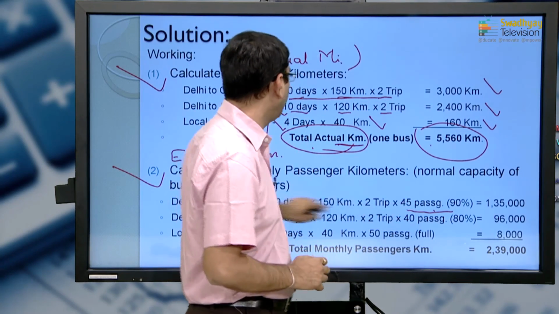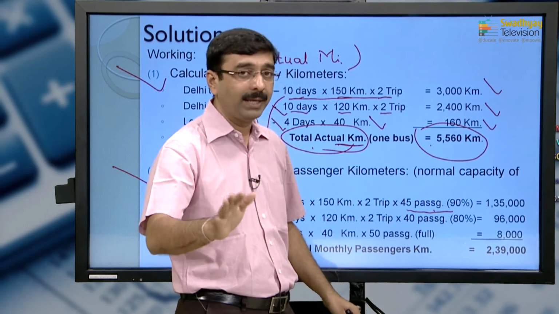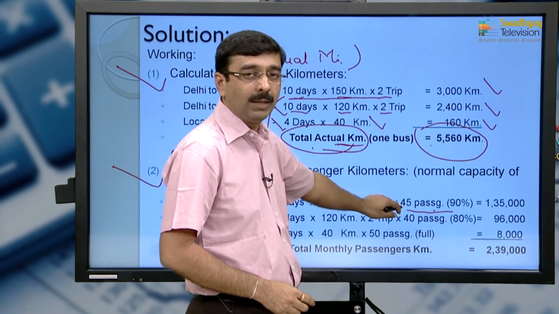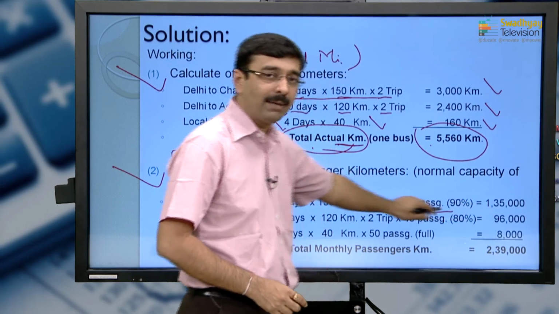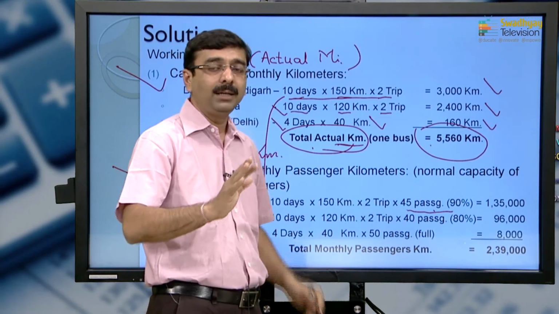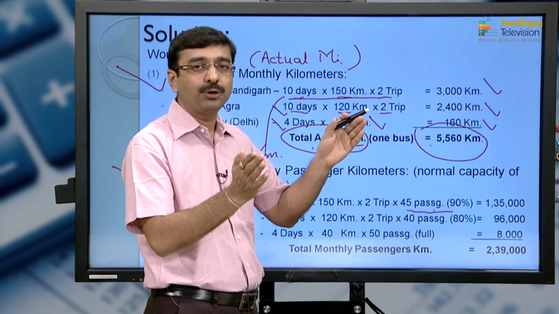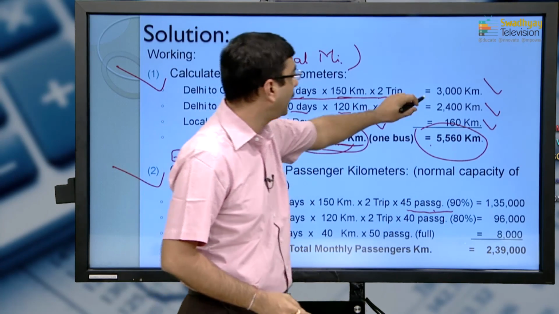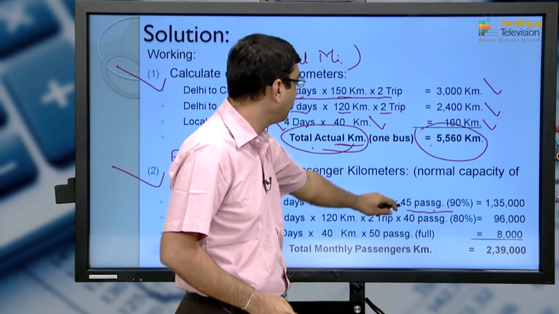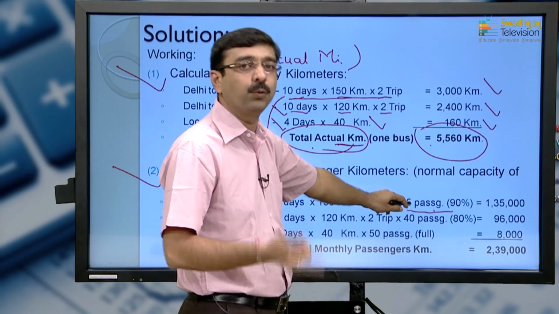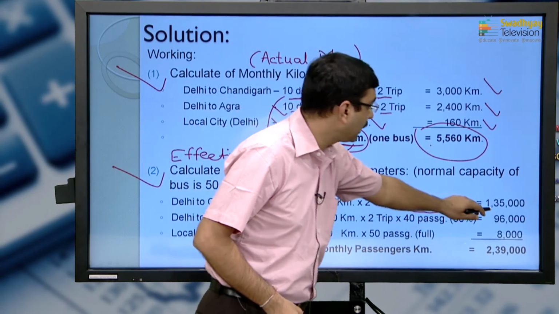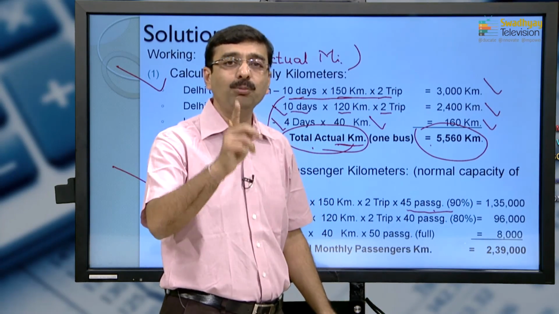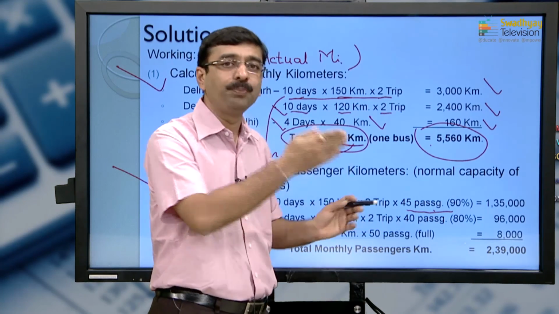If you want, you can directly multiply the 3,000 kilometers by 45 passengers and get the answer. But I am writing it out here so you can easily identify the difference between actual mileage and effective mileage. Otherwise, once you understand, you can directly multiply 3,000 kilometers by the capacity of 45 passengers. The multiplication is 1,35,000. This 1,35,000 is the effective mileage of the first route, Delhi to Chandigarh.